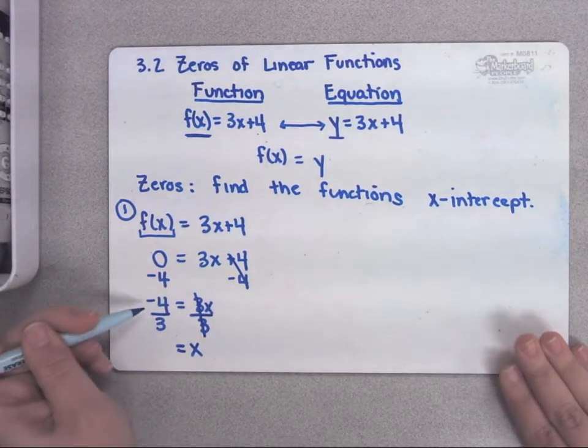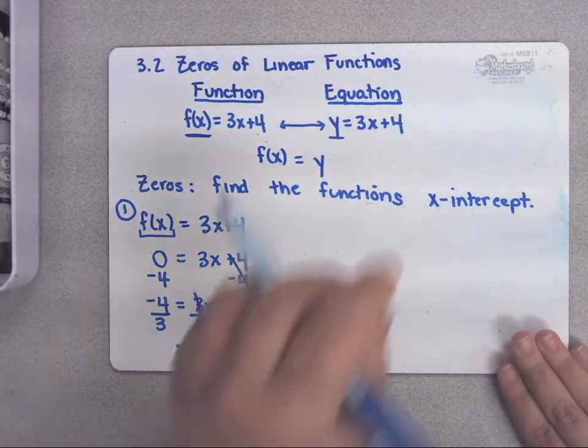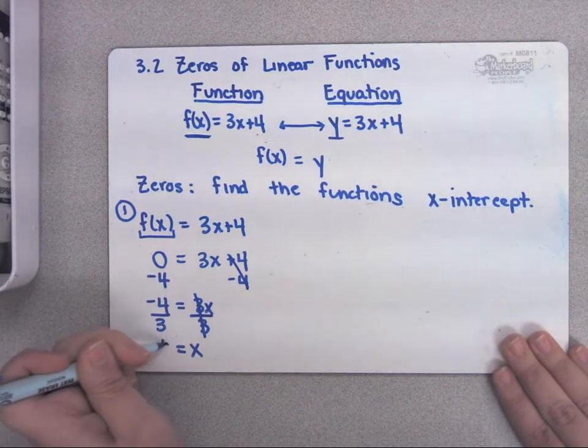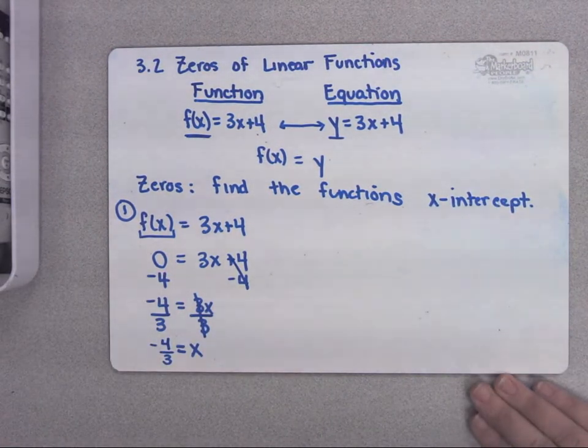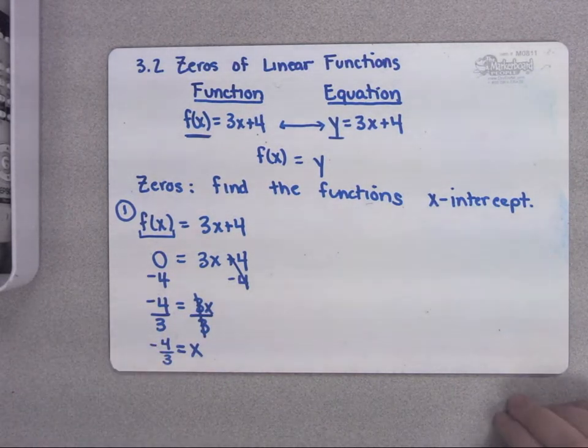Can this make a whole number? Negative 4 divided by 3? No. What's the fraction answer going to be? Negative 4/3, exactly what it says. Most of the time, whatever you're dividing is the right answer. So if it says find the 0, look, that's it. Done.